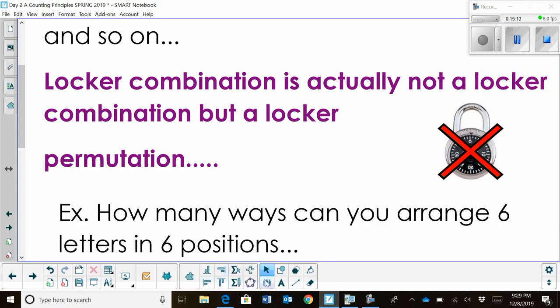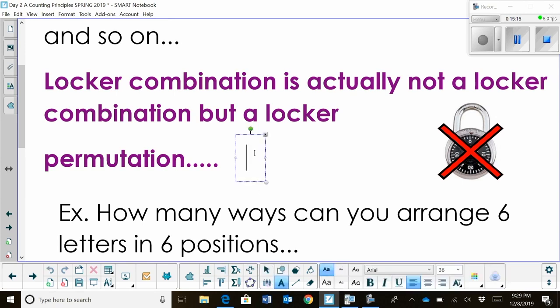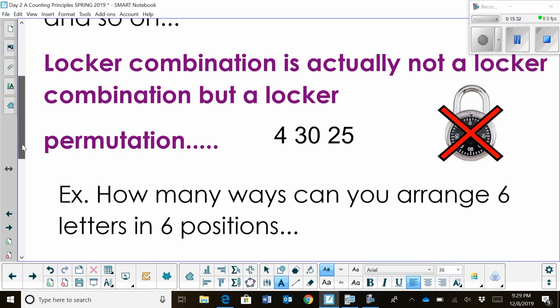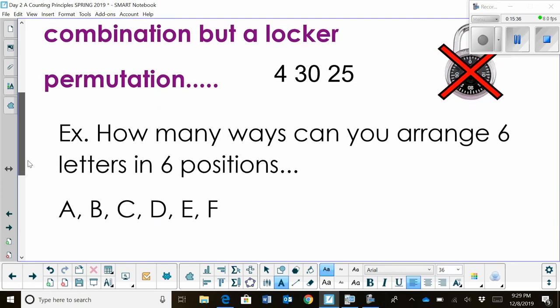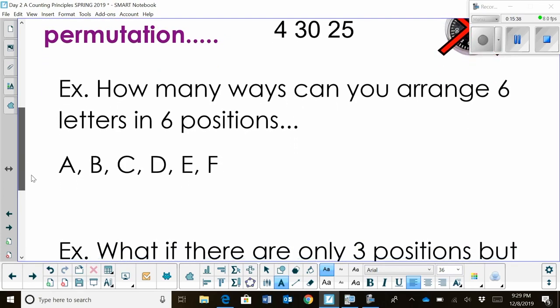So if you have, let's just say your locker combination is 4, 30, and 25, you have to put it in that order or your locker's not going to open. You can't make it 25, 30, and 4 or 34 and then 25. It has to be in that order. So a permutation is actually the counting principle, but order matters.